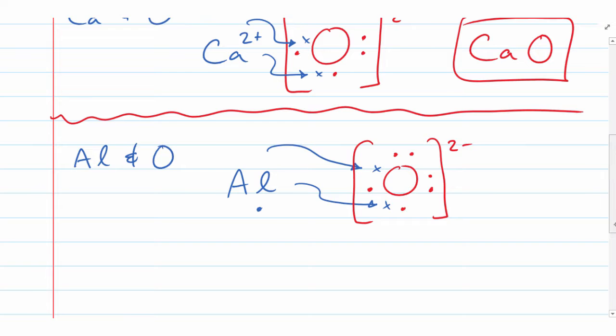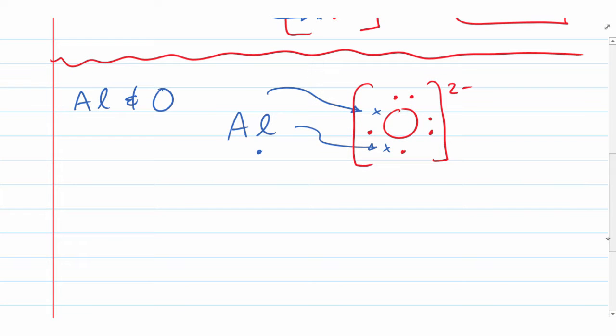But we still have an aluminum that has 1 more electron. So what do we need? Need another oxygen. And that oxygen has how many valence electrons? So now with its 6 valence electrons, this aluminum will give one of those valence electrons over to this oxygen. This aluminum is now satisfied because it's given up 3 valence electrons, so its charge becomes how many? 3 positive, because it gave up 3 electrons.